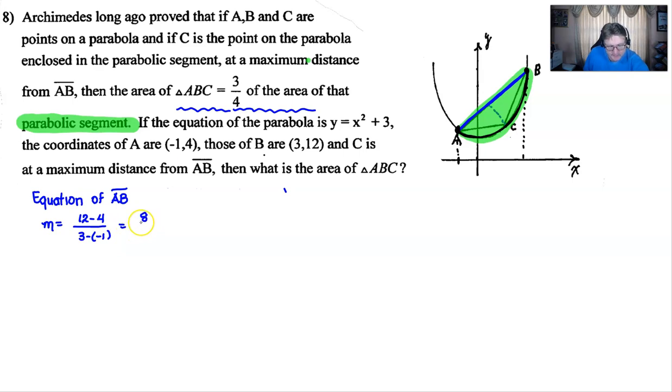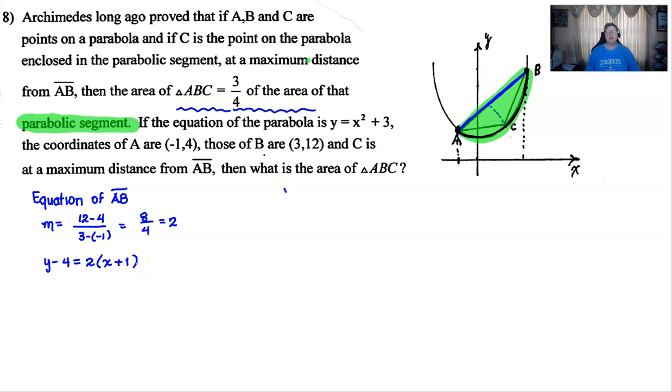In this case, we have 8 over 4, which of course is going to be 2. Now at this point, we can find the equation of our line quite easily by choosing one of these points. I'll choose point A for simplicity, and I get y minus 4 is equal to 2 quantity x minus -1, or x plus 1 in this case.